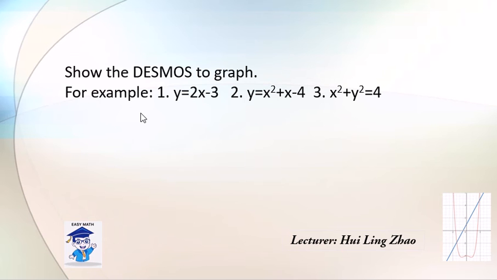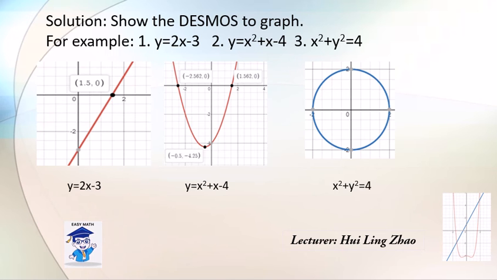Also, we can use a graphing tool, and here we show the result. For example, number 1, y equals x minus 3. You can see the exponents of x and y are both 1, so this is a linear line. And number 2, y equals x squared plus x minus 4. The leading coefficient is positive 1, so it opens up.